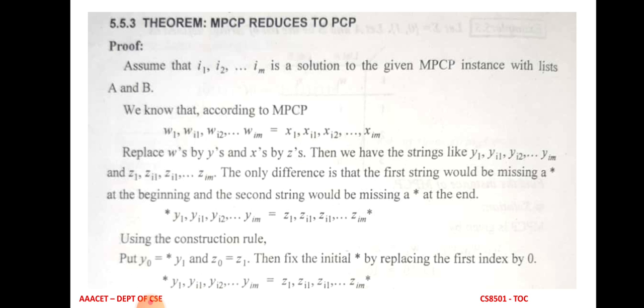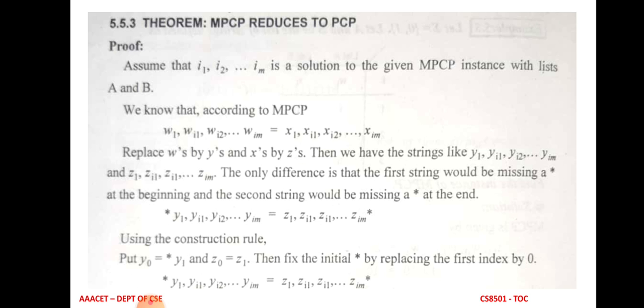Here the W can be replaced by Y and X can be replaced by Z. So the equalization statement can be written as Y1, Yi1, Yi2, up to Yim is equal to Z1, Zi1, Zi2 up to Zim. The only difference is that the first string would be missing for PCP.